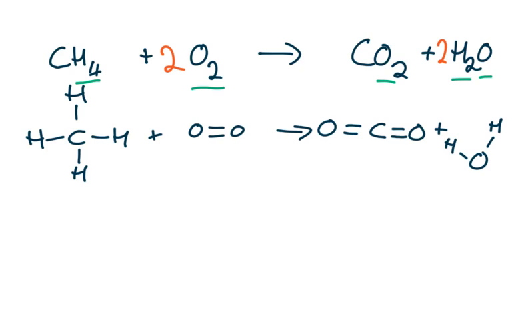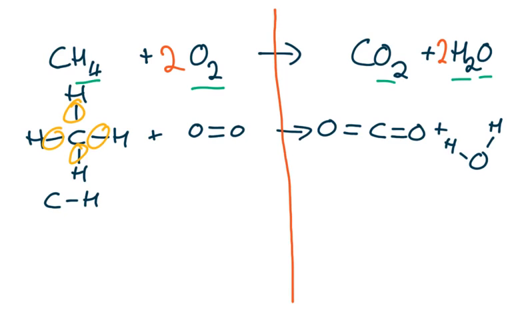So now we need to work out how many bonds are breaking and how many bonds are forming. So I'm just going to put a line down where the reaction actually happens. So the bonds breaking, well, in the methane, we can see 1, 2, 3, 4. They're all the same bonds because they're all between 1 carbon atom and 1 hydrogen atom. So therefore I only have carbon-hydrogen bonds, and I have 4 of those.